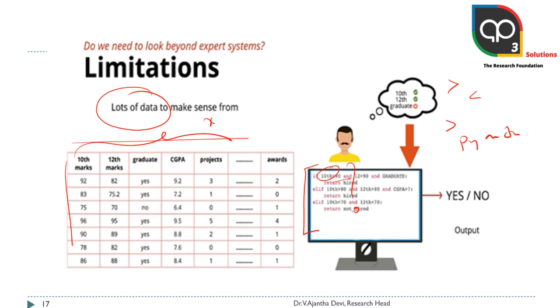How do you relate these in certain if and else conditions? In many real-world problems, the first challenge you face is that you have a lot of data to make sense of, and that becomes hard for a human to break down into certain conditions.